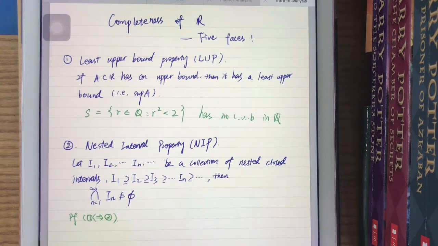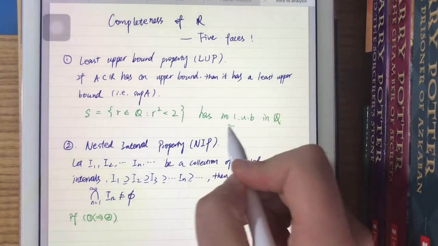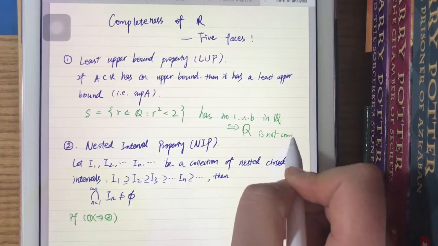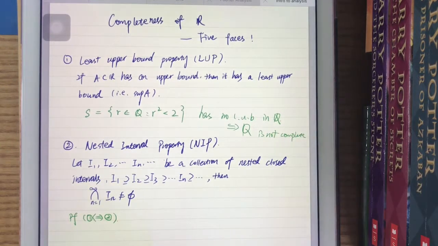What does this mean? This means Q is not complete, right? Because it does not satisfy the axiom of completeness. Okay.